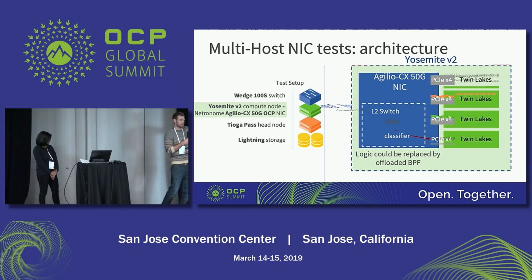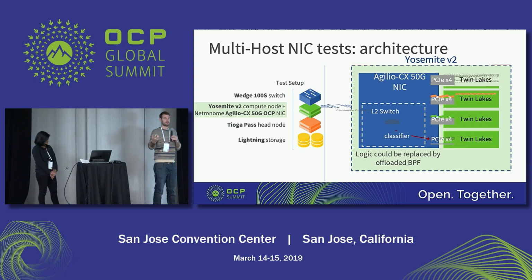We then have a classifier. That classifier in this case is based on a Linux kernel classifier called U32. So we're actually offloading Linux kernel classifiers into the NIC here. And we're using that classifier to determine the congestion control type of the incoming traffic, and that steers it to the correct buffer queue, with the different thresholds and the different marking.